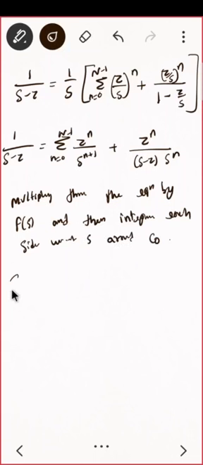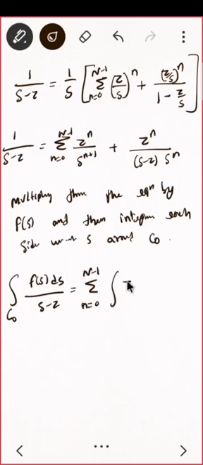So what will we have, that is c naught. It will be f of s ds upon s minus z, that is equal to the summation outside of the integration of f of s upon s raised to n plus 1 ds into z raised to n, since this integration is with respect to s, so z raised to n is not a problem. Plus, this would be z raised to capital N actually.